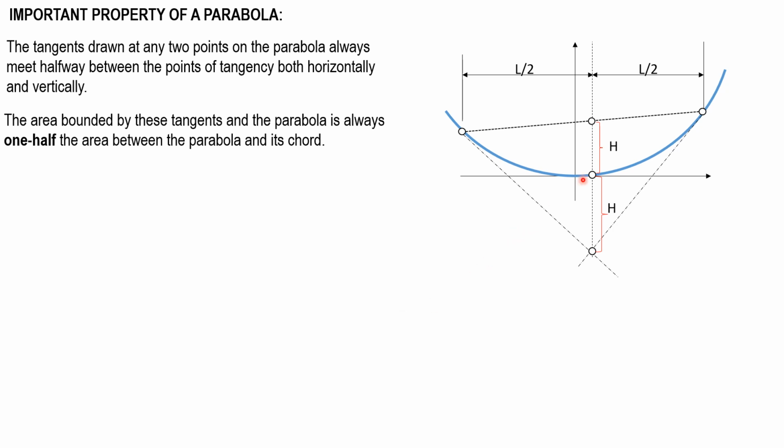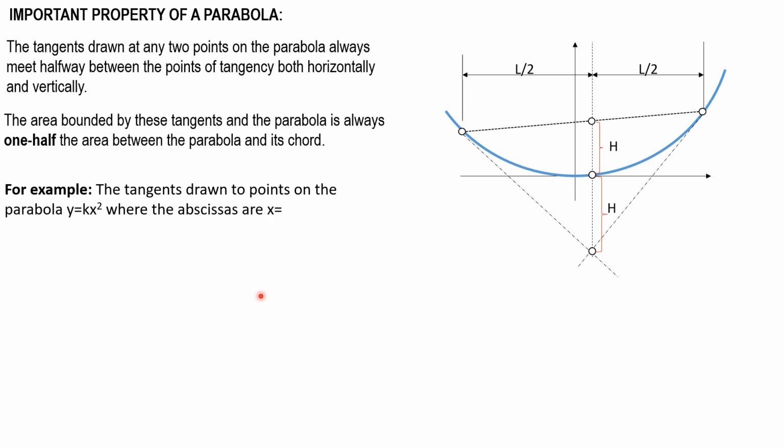For the area, I apply integral calculus. So the area bounded by the tangents and this parabola, this area here, is indeed 1/2 the area bounded by the chord and this parabola. So for example, the tangents drawn to points on the parabola y equals kx squared, where the abscissas are x equals -1 and x equals 2, meet at what point?